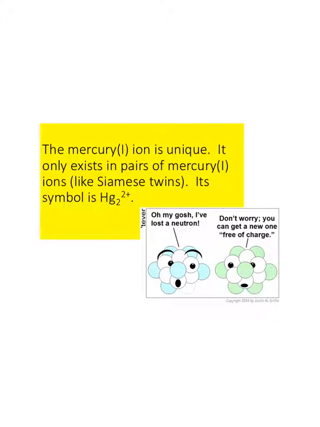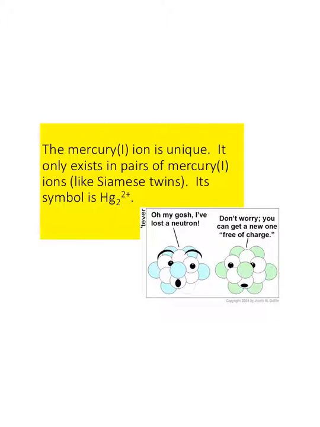Okay, now there's another little exception to the rule, but it's okay. Just make sure you highlight it, underline it, circle it, star it, whatever. Mercury, all right? Mercury is a little bit different. So what we have to know about mercury is that mercury 1 ion is unique. It only exists as a pair, kind of like the diatomic elements, okay?